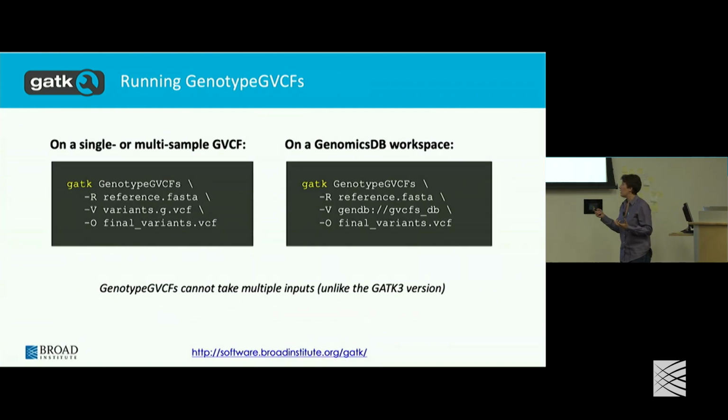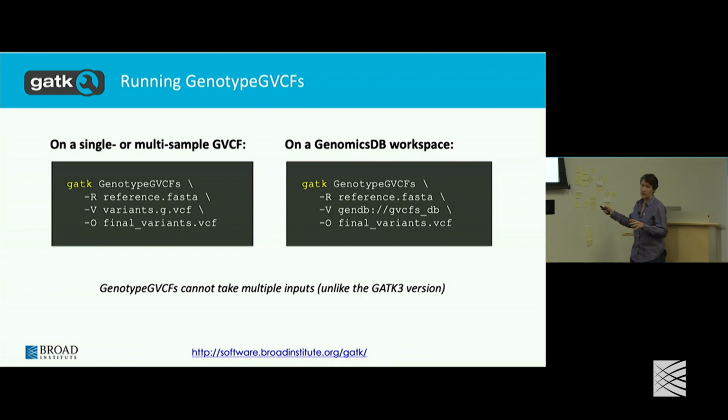So this is again the two cases: the case where you're running on a single GVCF, and the case where you're running on the GenomicsDB workspace. You can see the command is very, very similar. The only big difference, and you'll do this hands-on after the break, is that for working with the GenomicsDB workspace, it's a directory in your file system.